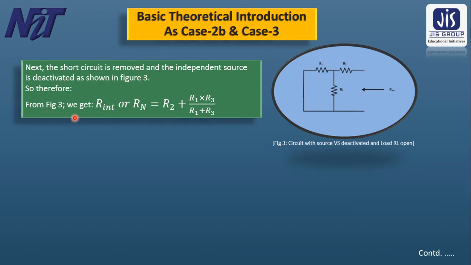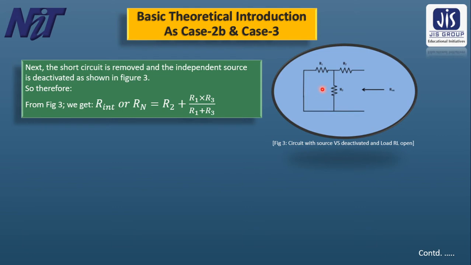Therefore R internal, or Rn, the Norton resistance, will be given by R2 plus R1 into R3 divided by R1 plus R3. The same logic applies here. As we short circuited this source, this node will be connected over here. This action makes R1 and R3 connected in parallel.